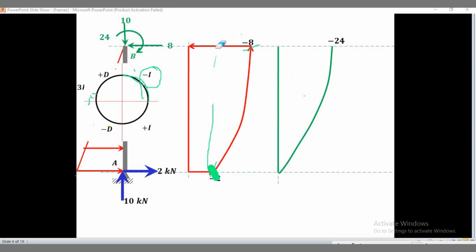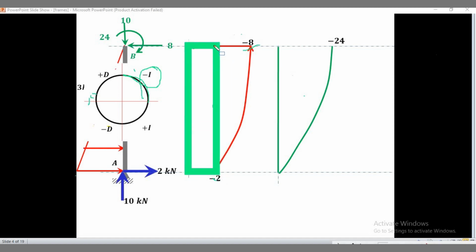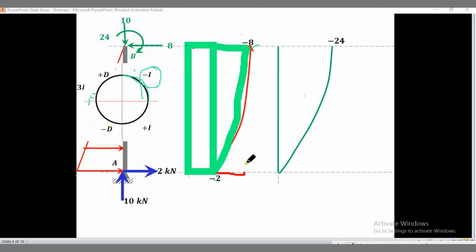Pasensya. So, ito si rectangle. And another, meron pa ulit ako dito. Itong shape na to, this is not a spandrel. Ang spandrel dito ay ito. Itong nasa baba. Yan yung spandrel.